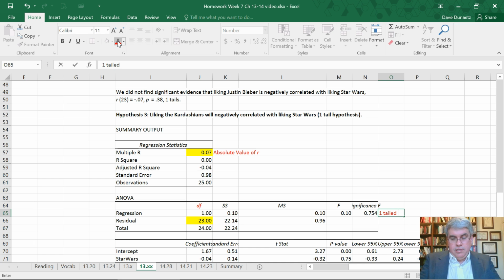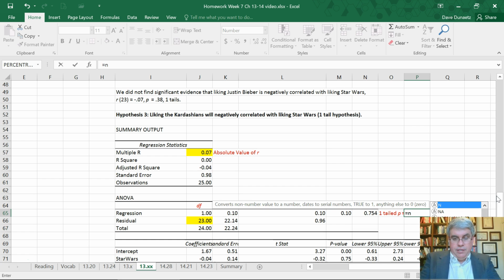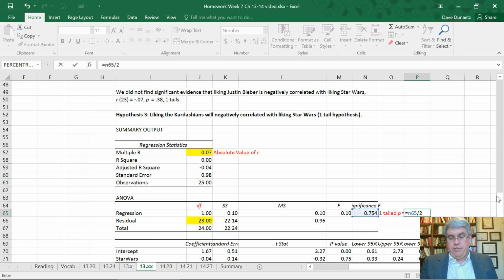equals, and then I'm going to put N65 divided by 2, because we made a one-tailed hypothesis. So this is the two-tailed piece.